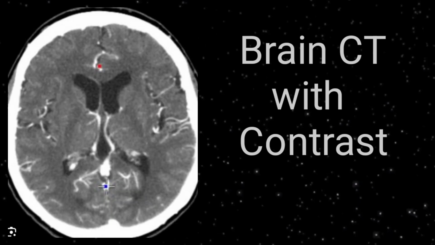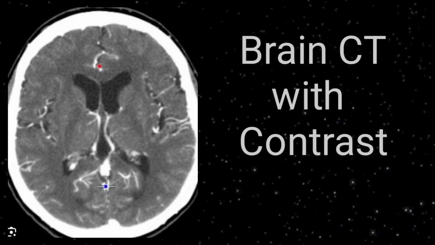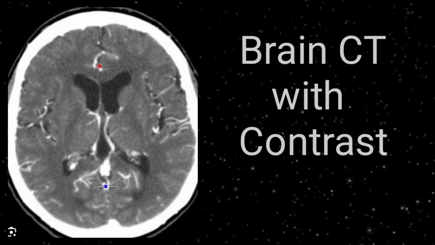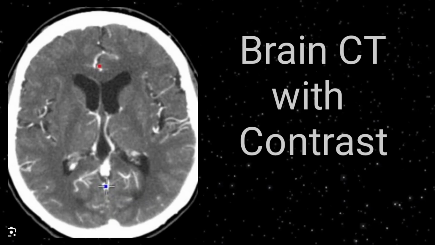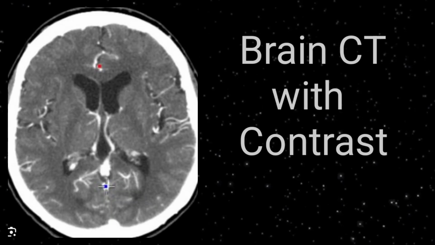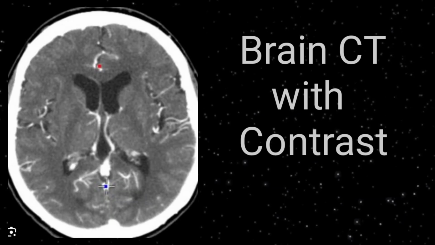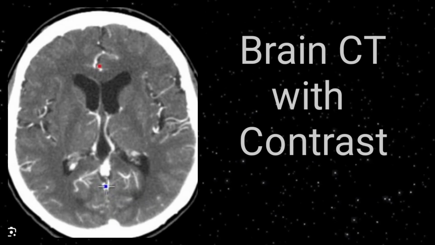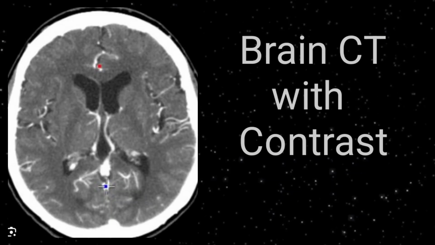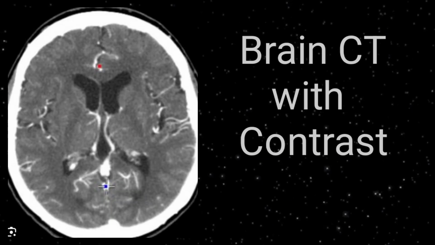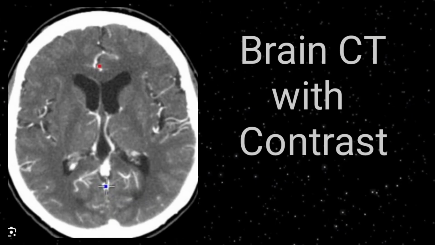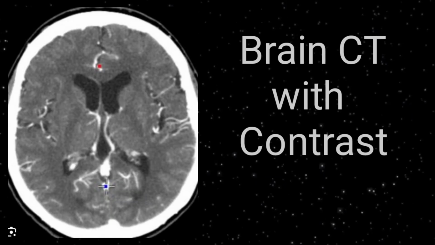There is another usage of contrast CT brain, where contrast is specially used intrathecally through a lumbar puncture. Contrast is injected and we wait a few seconds to let the contrast flow through the CSF to the brain, to the ventricles, and follow the cisterns.